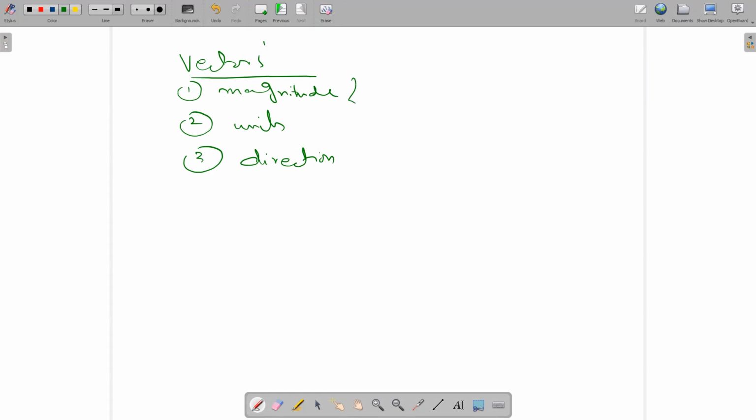So these 3 things are needed for a vector. If I am writing 2 kilometer towards north, it means 2 is the magnitude, kilometer is the unit, and north is the direction.